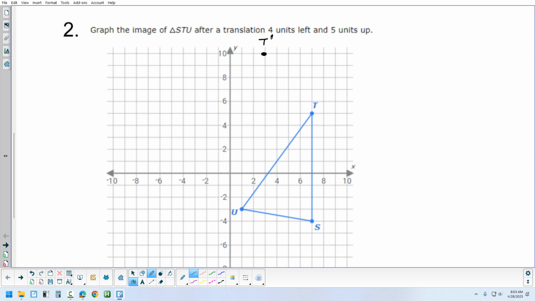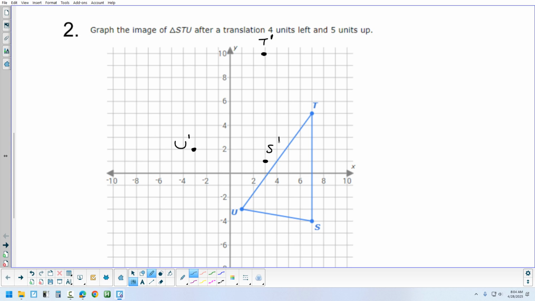All right, let's do the same with U. So 4 units left, 1, 2, 3, 4, and 5 up. Okay, and the name of that point? U prime. Very good. And now let's do S. 4 left, 1, 2, 3, 4, 5 up. 1, 2, 3, 4, 5. And we call that one S prime.